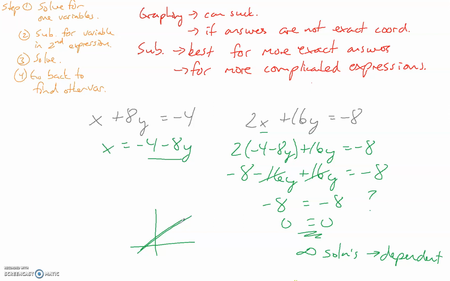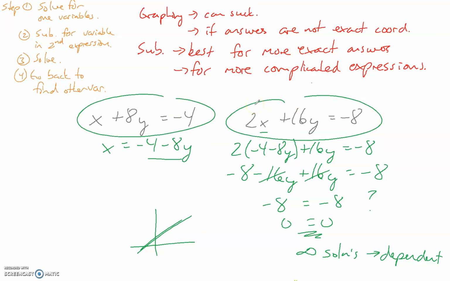Everything's going to cancel out. If everything disappears, there's infinite solutions. The two lines are right on top of each other. So this is what happens when you have a dependent system, and these two are perfectly equal to each other. Okay, all right, so let's try a different scenario.